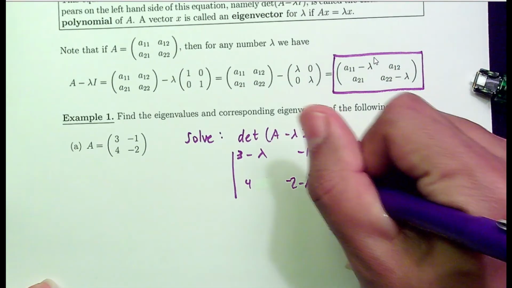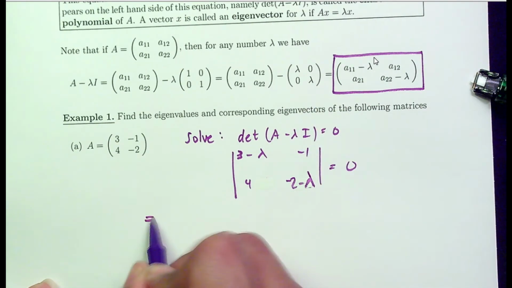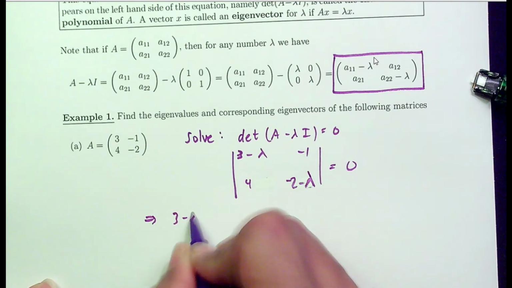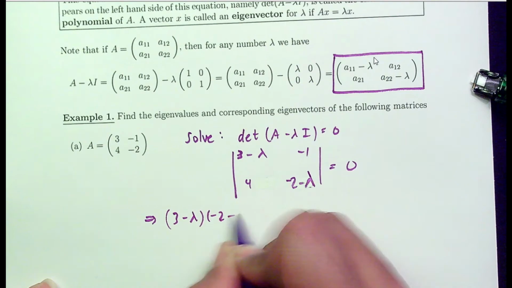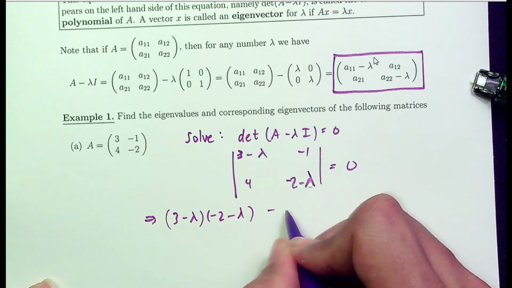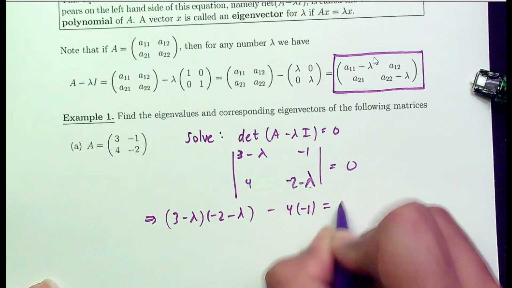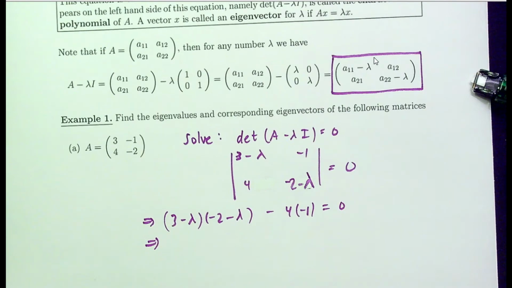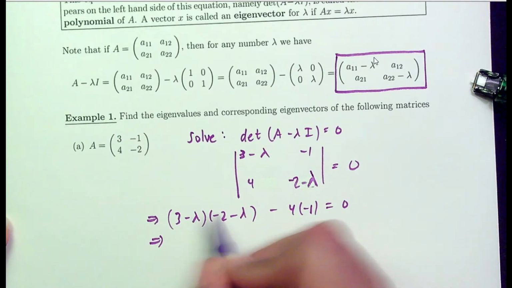Okay, and now let's find the determinant of this. You cross multiply, so this is (3 minus lambda) times (negative 2 minus lambda) minus 4 times negative 1 equals 0. And then let's FOIL this.